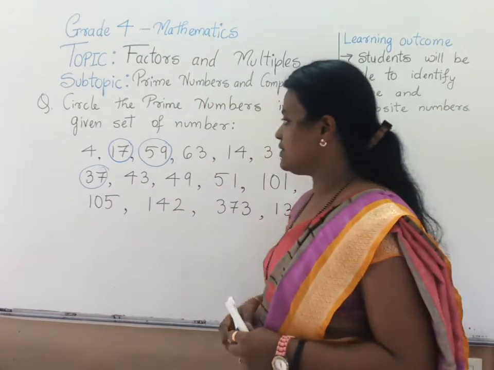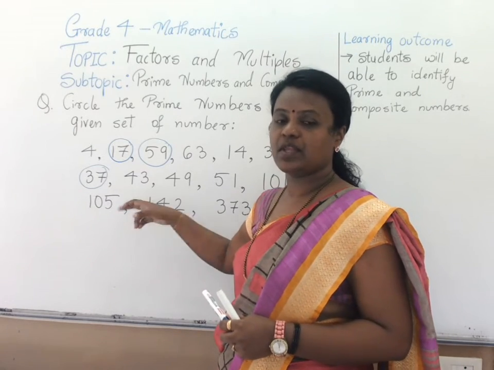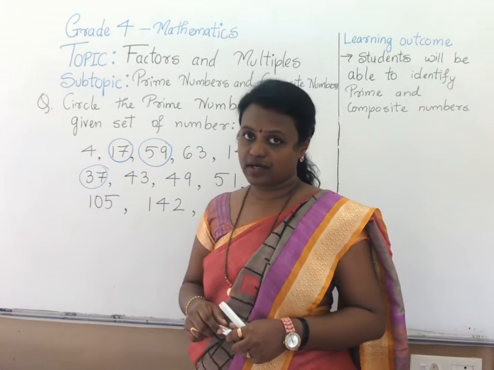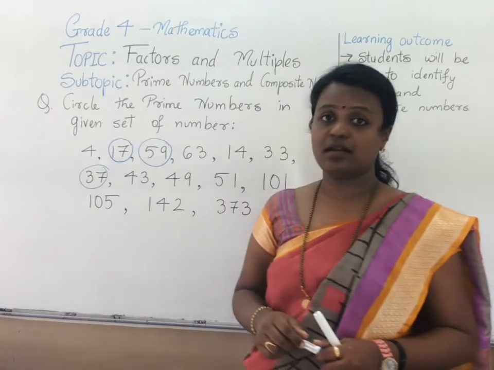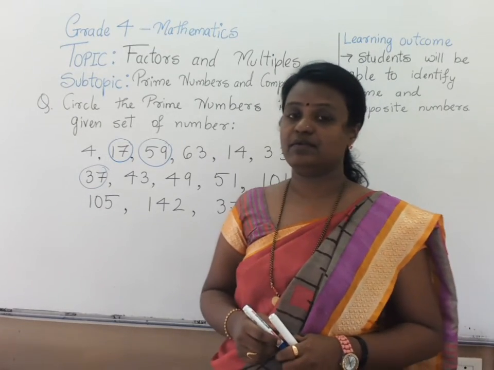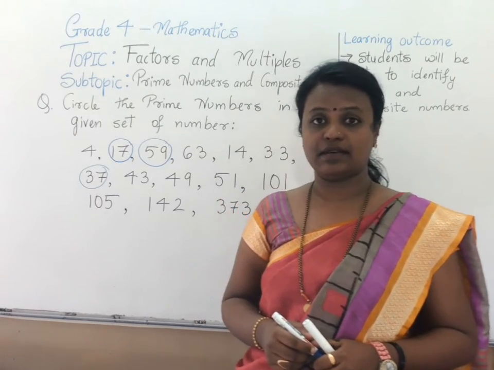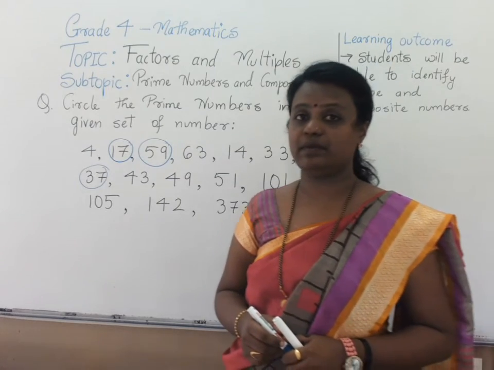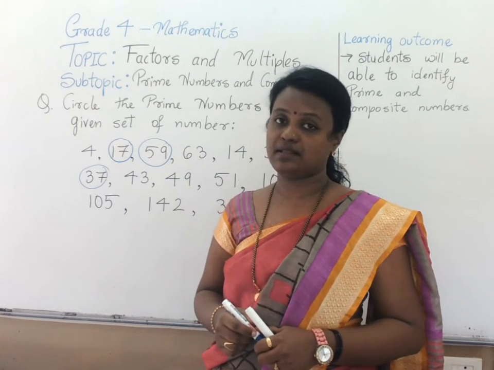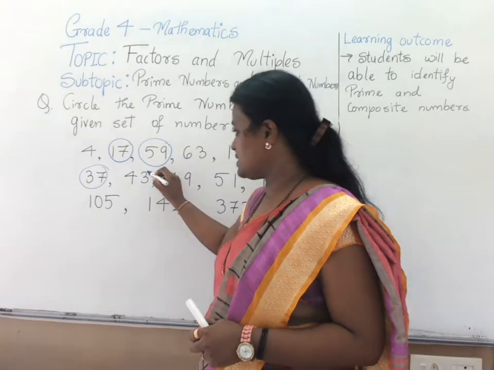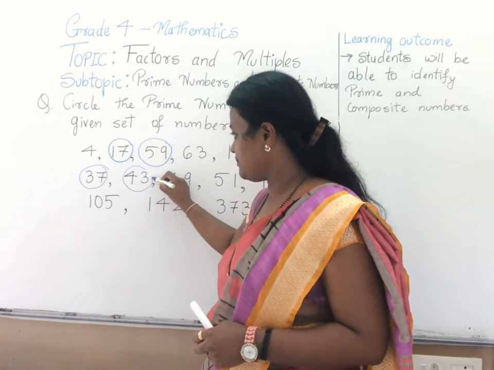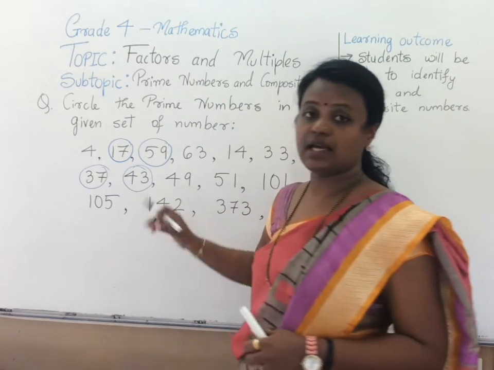Let us try with 43. 43 is an odd number. Checking across all the possibilities, we come to the result that 43 is not divisible by any number except 1 and the number itself. So it is a prime number. 49.